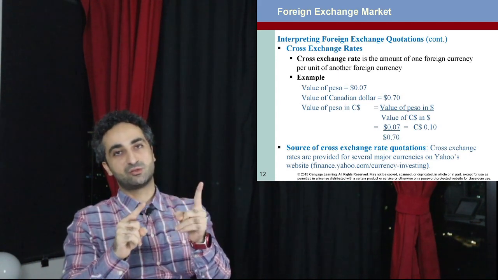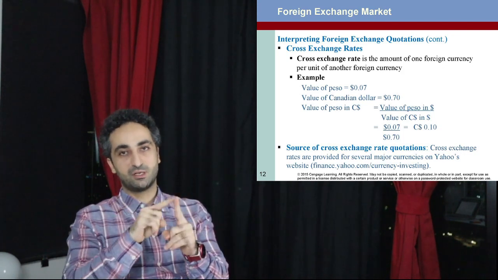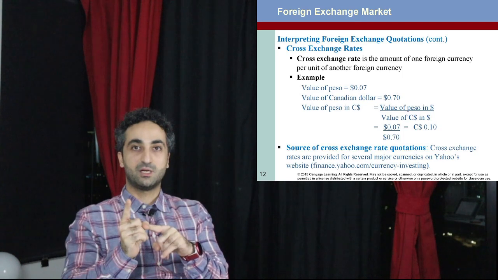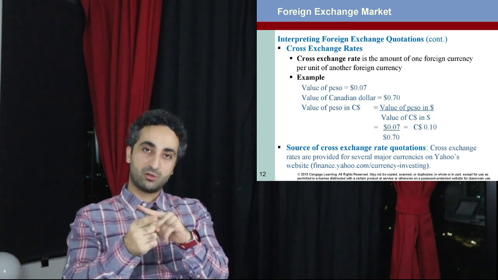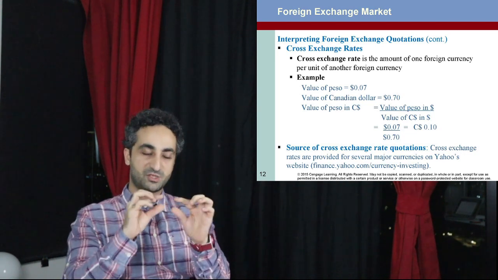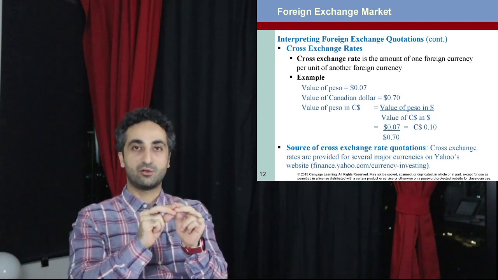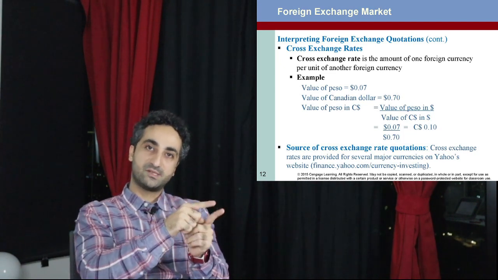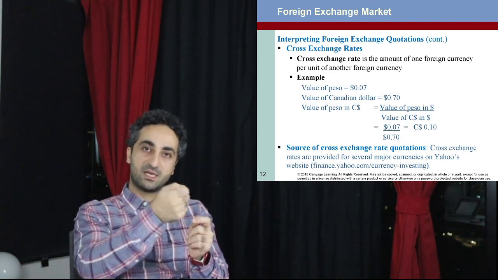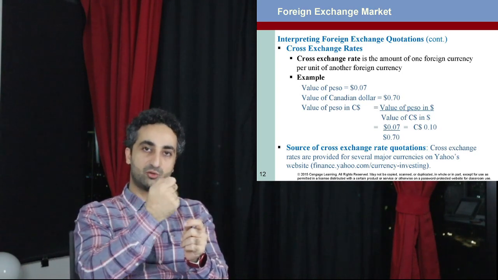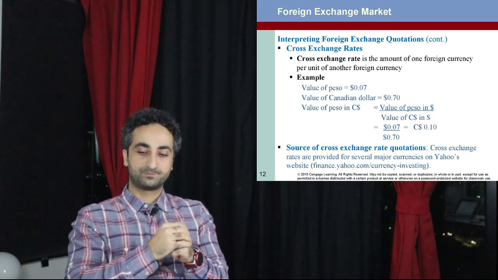So I know peso in USD, I know Canadian dollar in USD. Now I need peso in Canadian dollar. The question can be also Canadian dollars in peso. However, here the question is clear, saying the value of the peso in Canadian dollars. So if you want to buy pesos using Canadian dollars, how many units of Canadian dollars do you need to buy 1 peso?